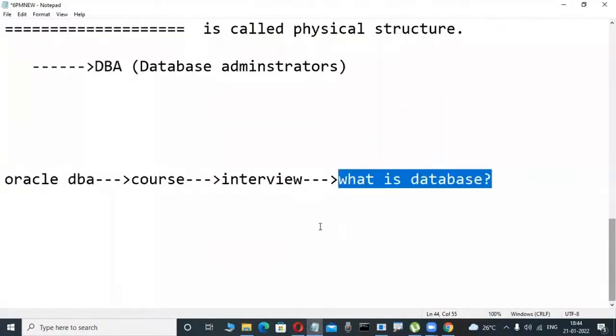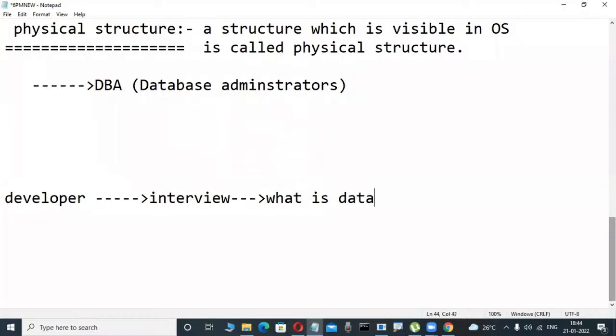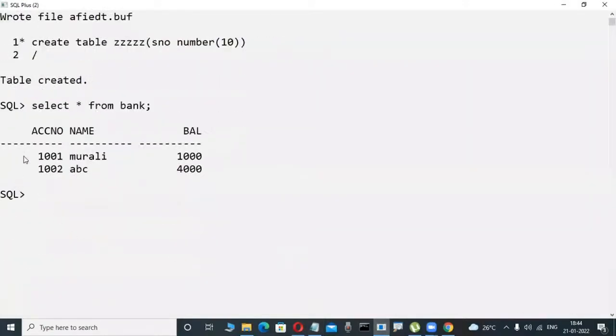Suppose I'm a developer, not an administrator: a Java developer, SQL developer, PL/SQL developer, Python developer, like that. These developers are attending an interview. What is a database? They may not ask it, but generally, the developers answer in terms of the logical structure: it is a place where we can store a structured collection of data.